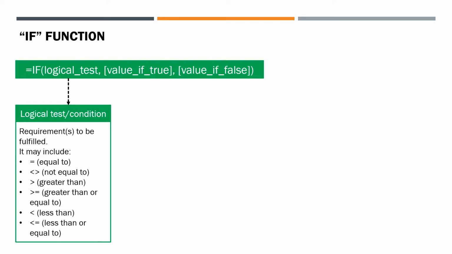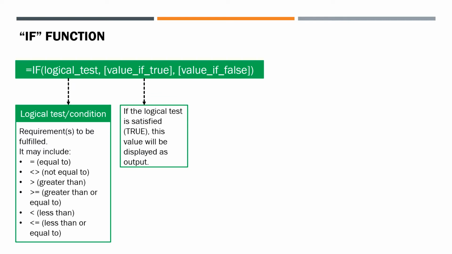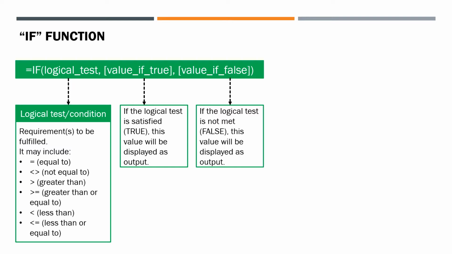The logical test could include mathematical symbols like equal to, not equal to, greater than, and so on. If the logical test is satisfied or true, the value if true will be displayed as output. Meanwhile, if the logical test is not met or false, the value if false will be displayed as output.